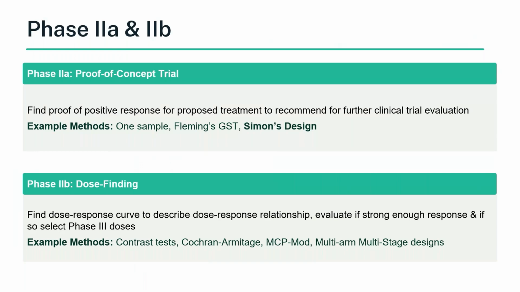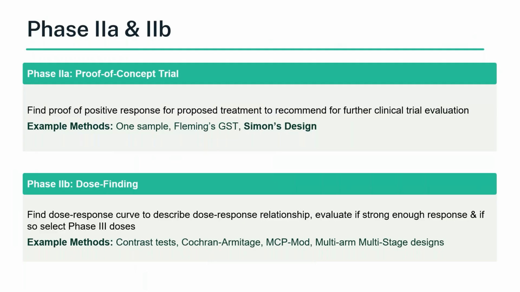So, the goal of the proof of concept step is to establish that changes in dose do in fact lead to significant changes in the efficacy and/or safety endpoint, and that at least one dose is of clinical interest.